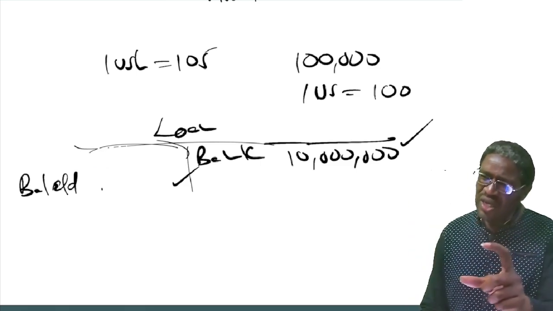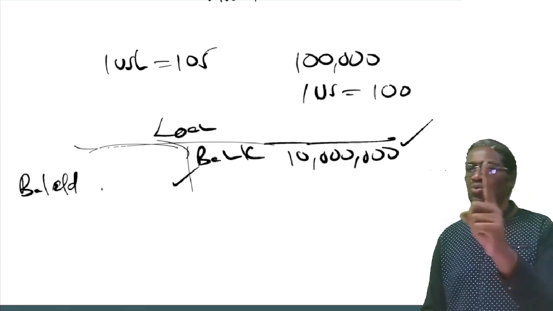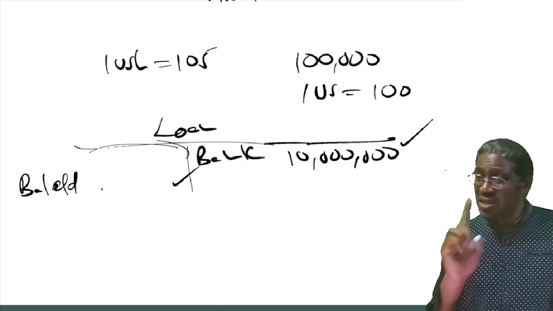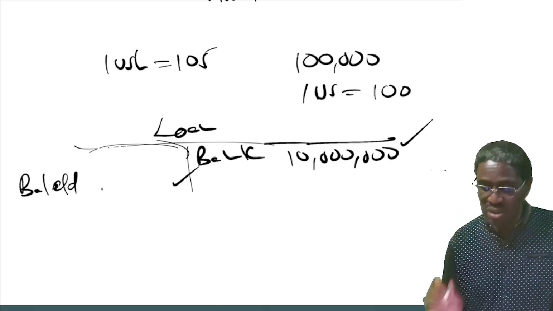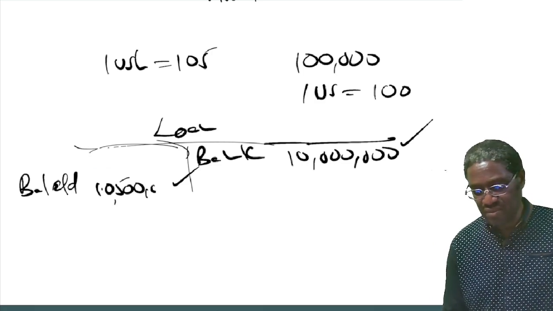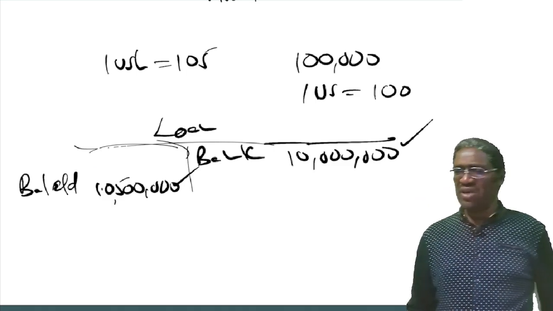If at the end of the year $1 is equivalent to 105 Kenya shillings, then it means my $100,000 is worth 10,500,000. So I'm going to carry down my loan account by 10,500,000.